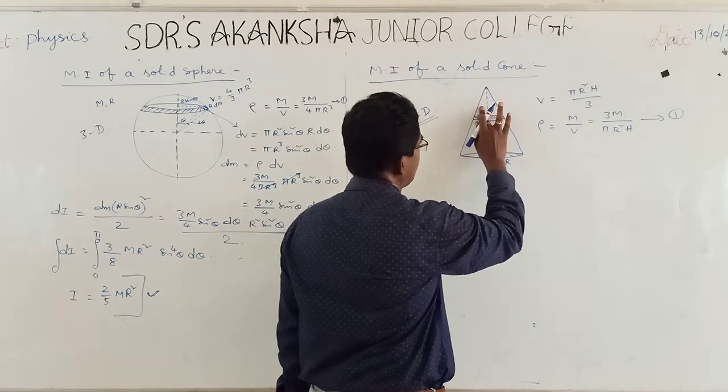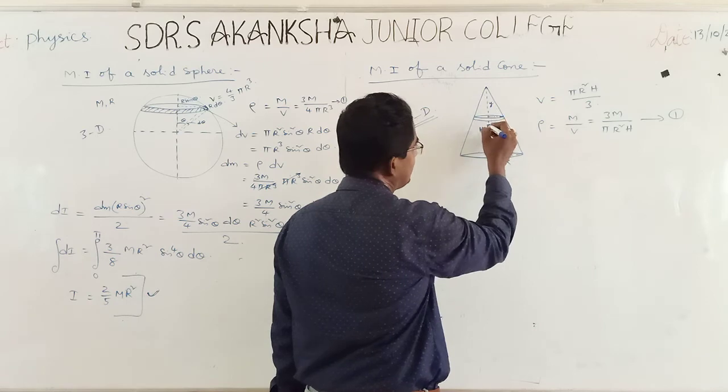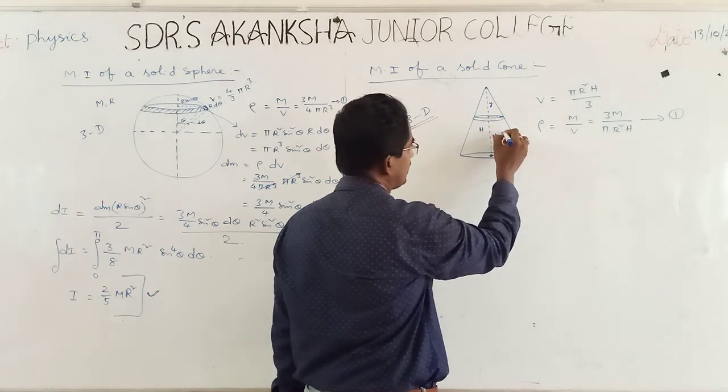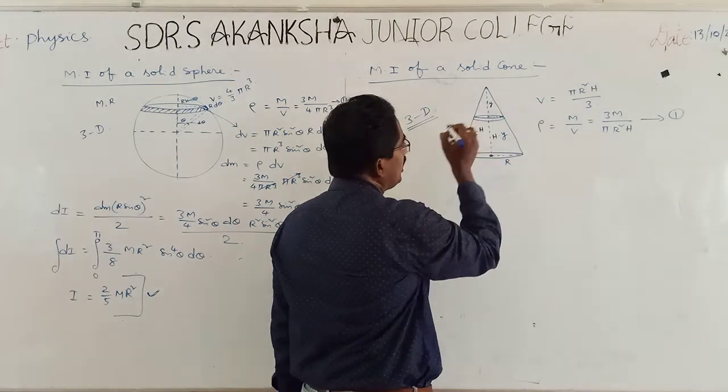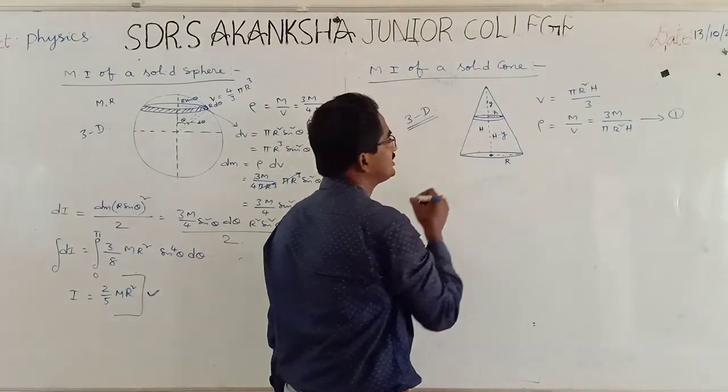If it is y, then its distance is what? H minus y. Okay. Now I want to know its radius, that is smaller.